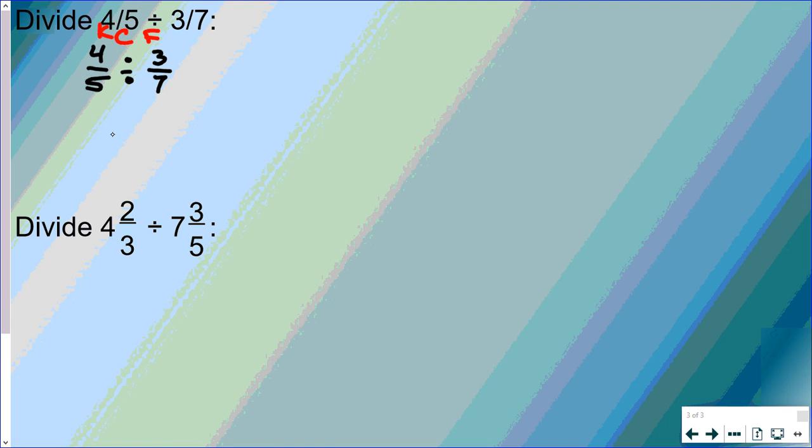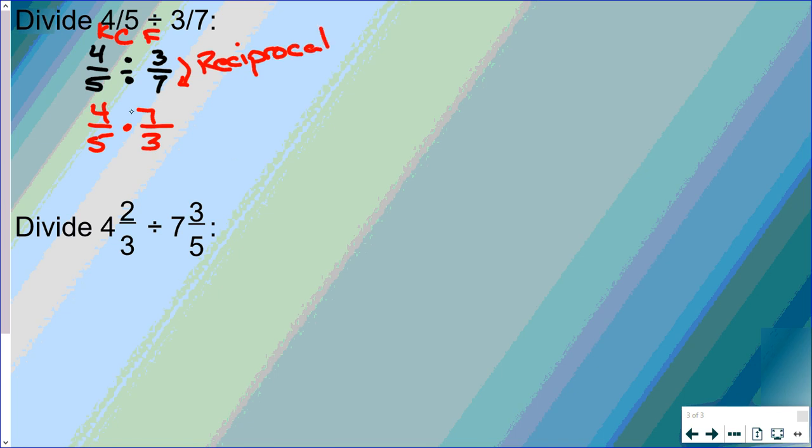So what you do is you keep the first fraction, the 4/5. You change the division to multiplication. That's the C for change. And then this one I flip. So I flip this over and make it 7/3. That's called the reciprocal. When you flip a fraction over, that's called its reciprocal.